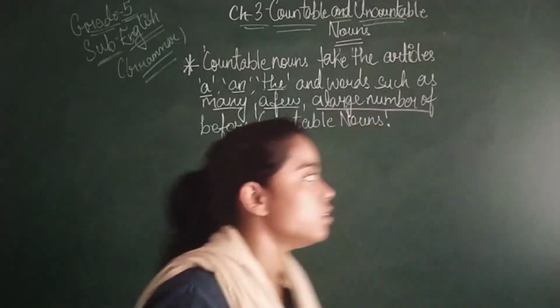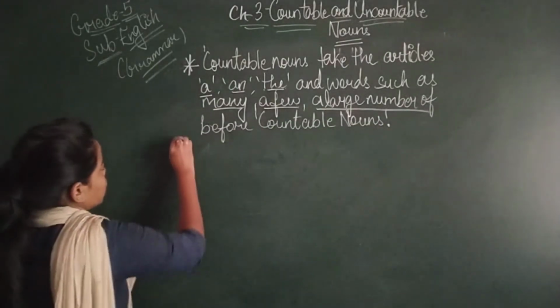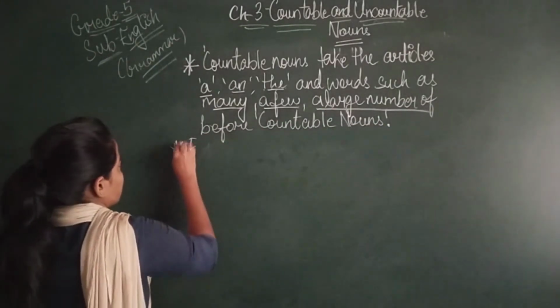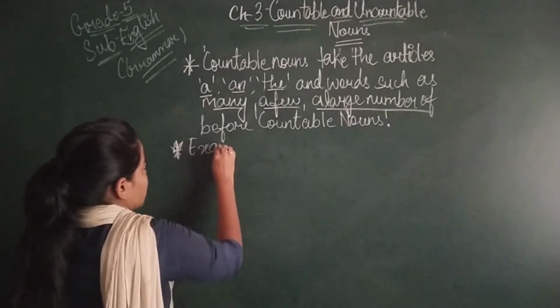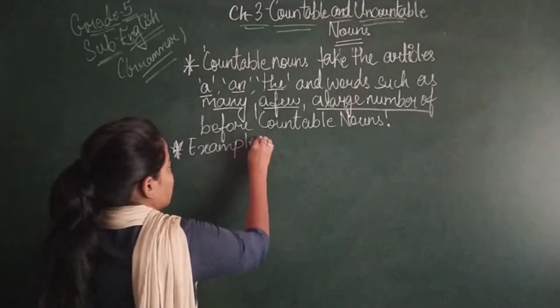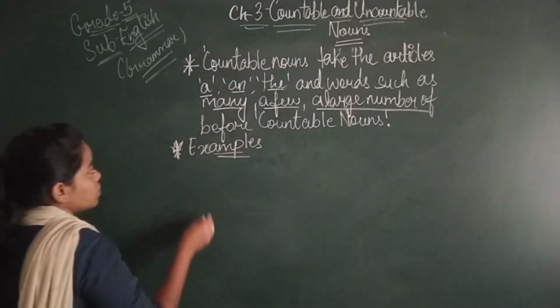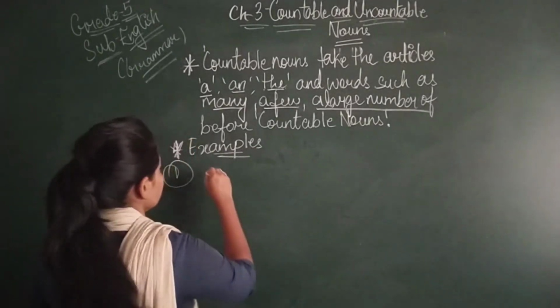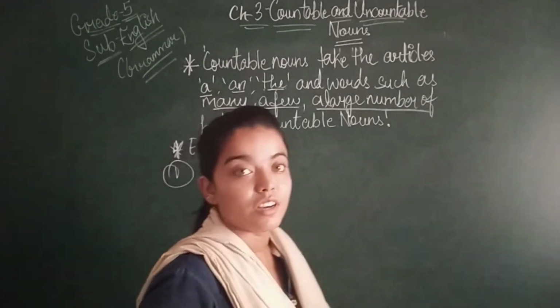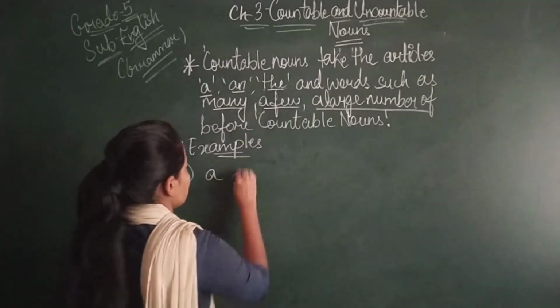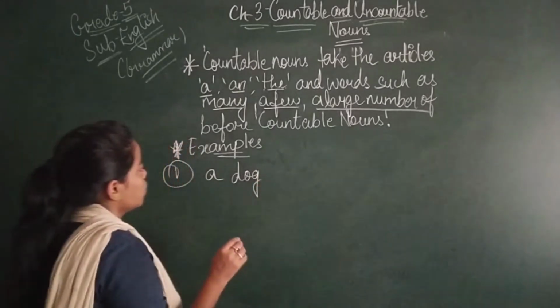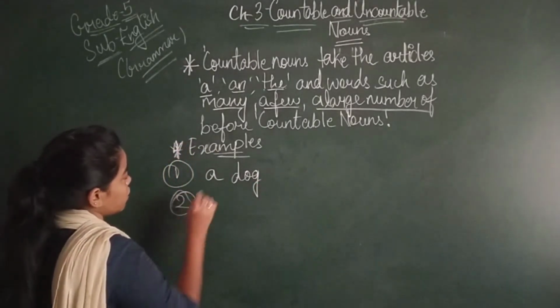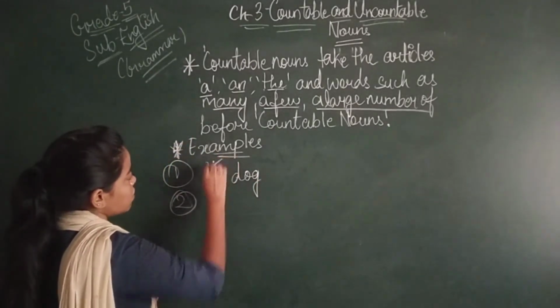But how? We will see the examples. First, a dog. Second, here the article is being used, correct?